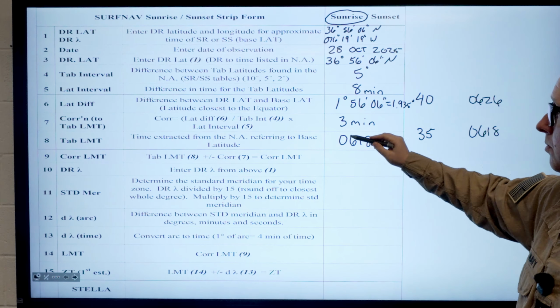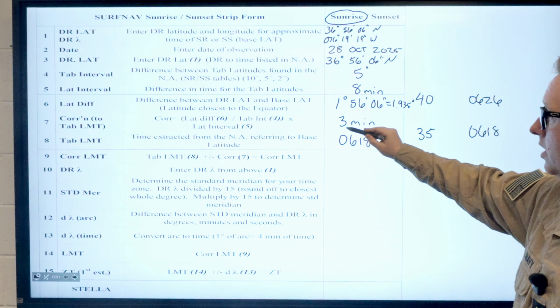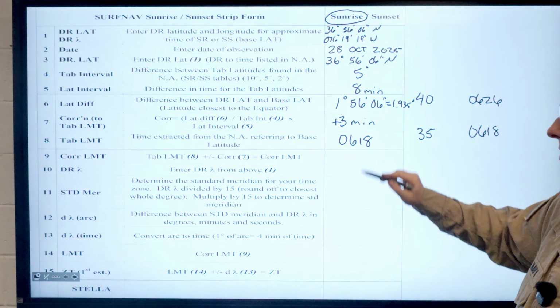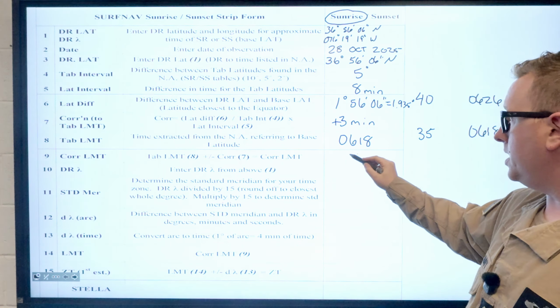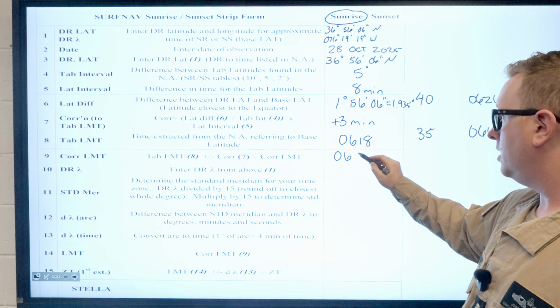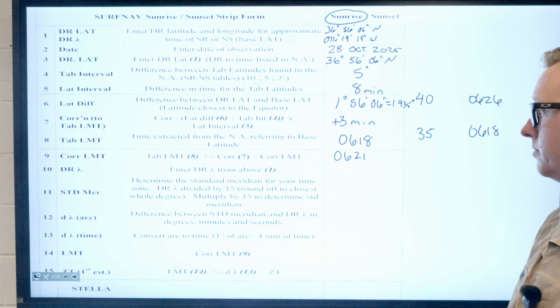So we're going to want to be in between these two times. We're going to add it. You're simply adding it to the tabulated LMT, making it 0621.